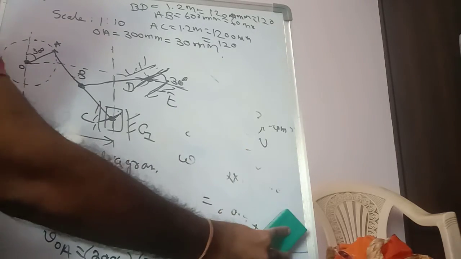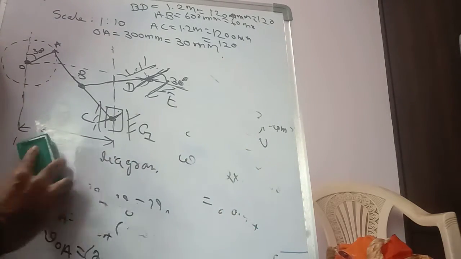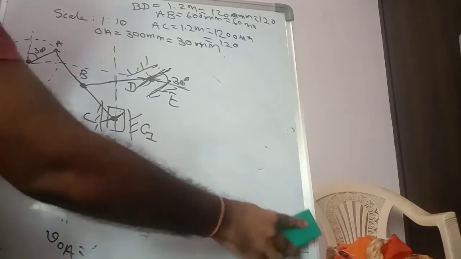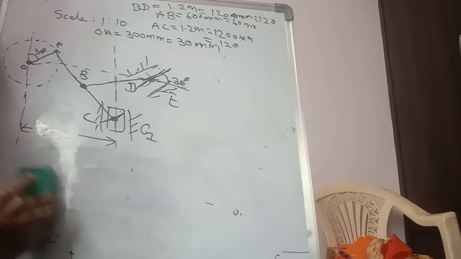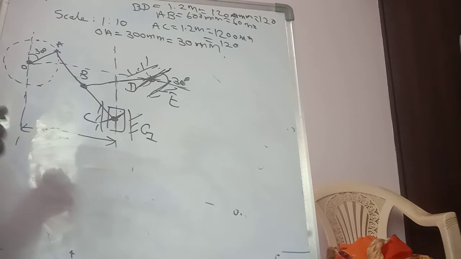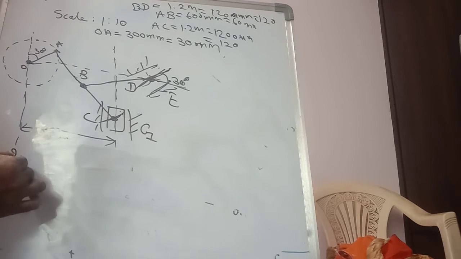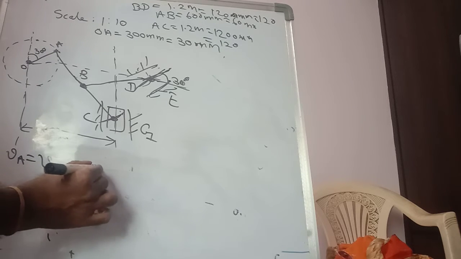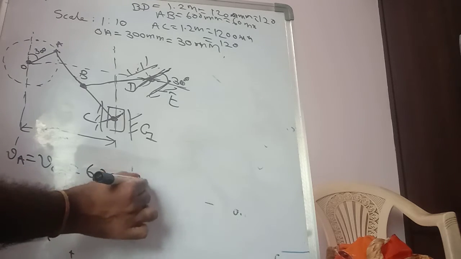Now we know the velocity of A is 6.28 meters per second. Velocity of A or velocity of OA, both are same, 6.28 meters per second.